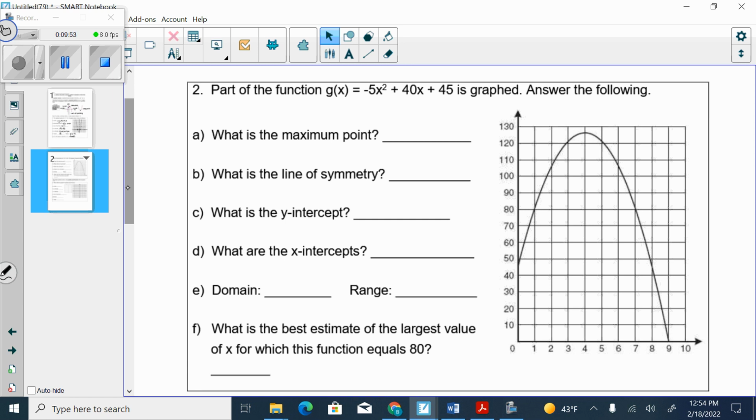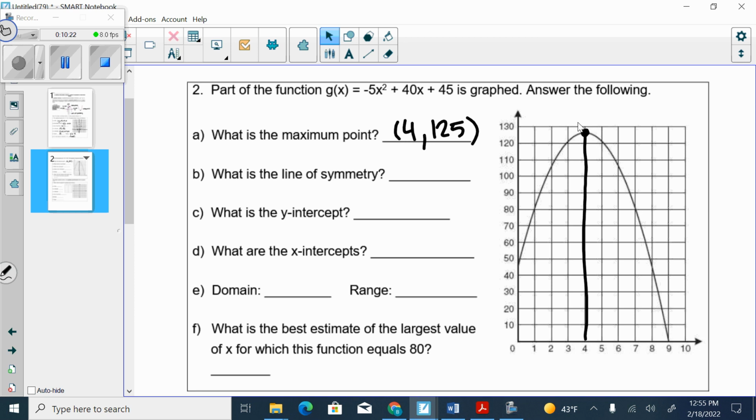Well, we can see that, right? The maximum point means the highest it goes. So that's there. Where is that on our coordinate plane? 125, and what would be the, oh, you can't see the bottom, that would be 4. So we would say that our x value is 4, and like you guys said, the y value is 125.